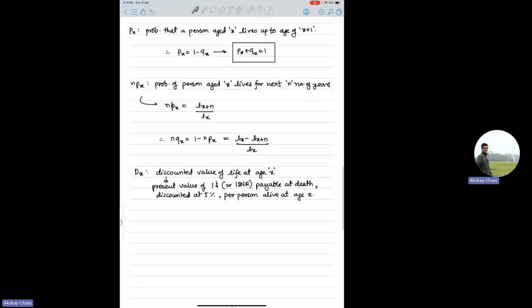And we have the formula for Dx as v to the power x into Lx. What is this v? v is nothing but the discount factor, that is 1 by 1 plus i, where i is 0.05 here, or 5% if you want to call it.